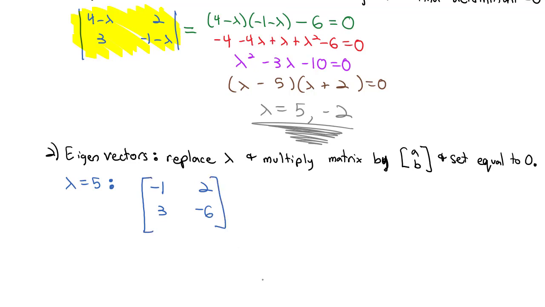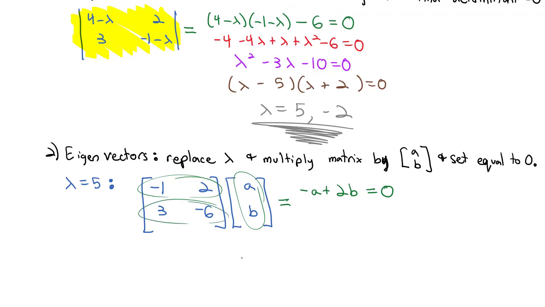And we're going to take that matrix and multiply it by our AB. Using matrix multiplication, multiplying the first row by the first column, that's going to give me negative A plus 2B. We said we wanted to set it equal to 0. In the second row, we've got 3, negative 6 times the AB. So that's 3A minus 6B equals 0.